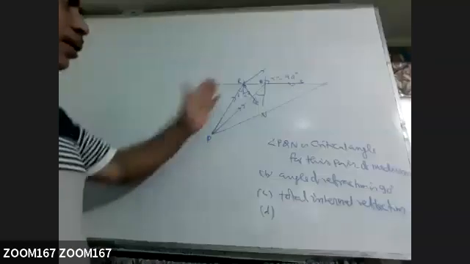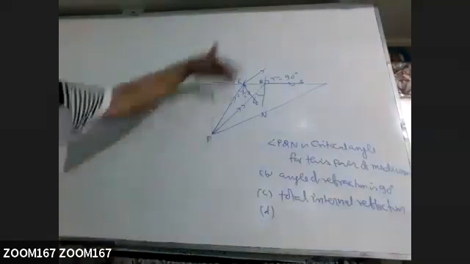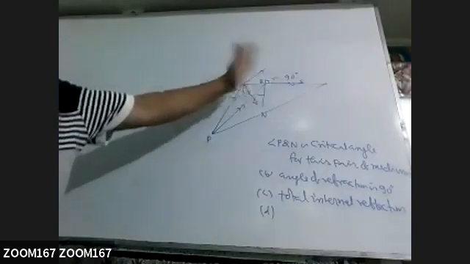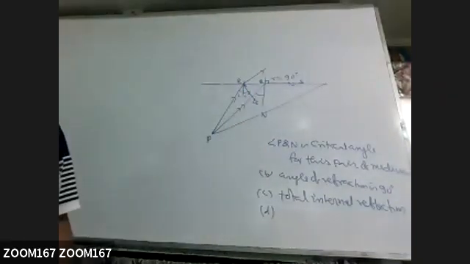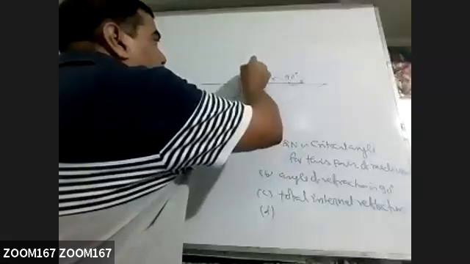So refraction will take place and most of the energy will be transmitted to the other medium. But as the surface is smooth, some light will be reflected also. So here reflection and refraction both will take place. Here the angle of incidence and angle of reflection are equal for this ray. And for this one, this angle will be more than the angle of incidence.